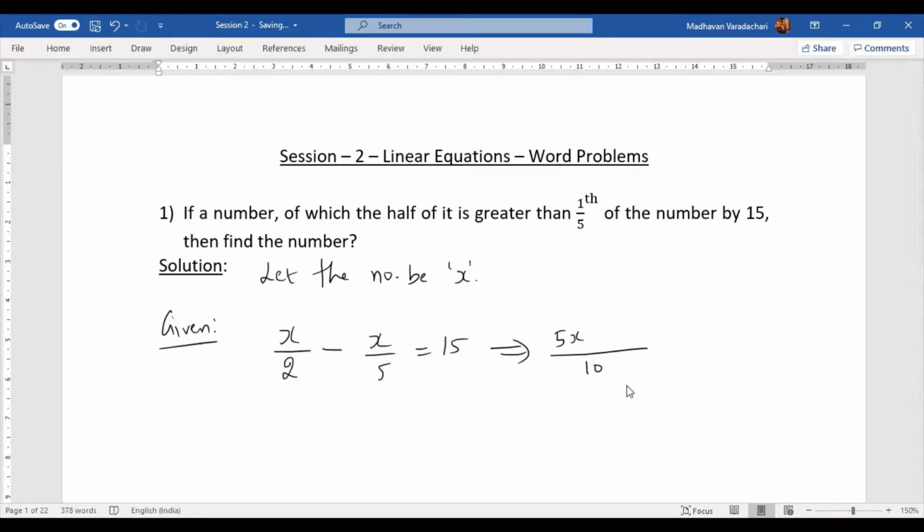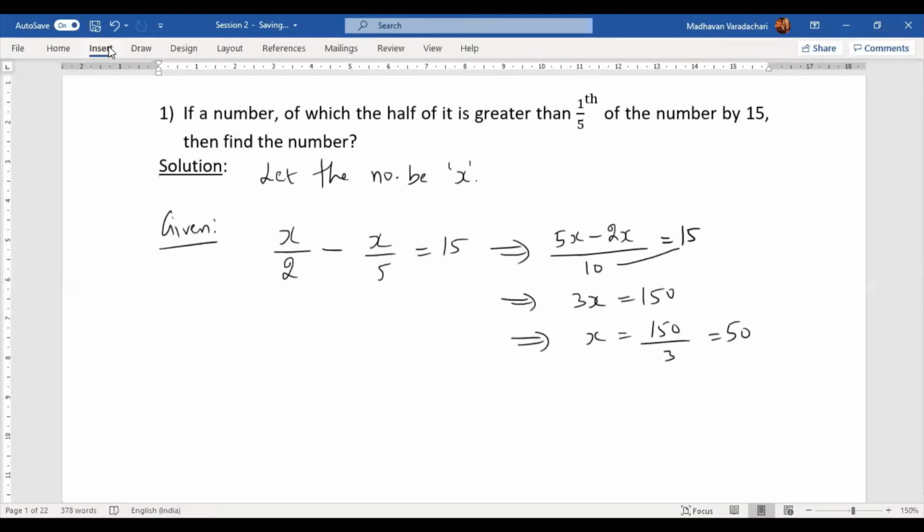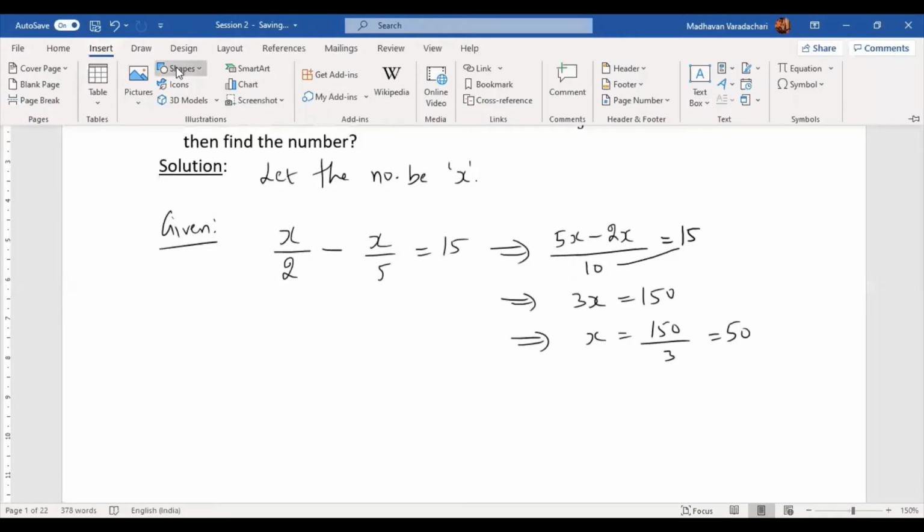So it becomes 2x is 15. Or we can say 3x is equal to 150, or x is equal to 150 by 3, so it becomes 50. So the desired number is 50.